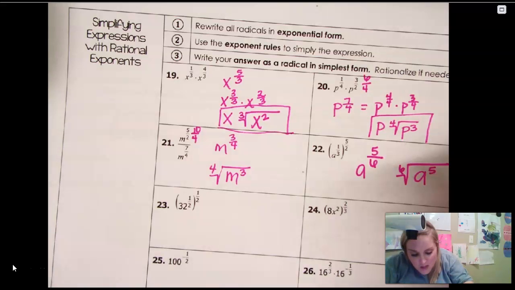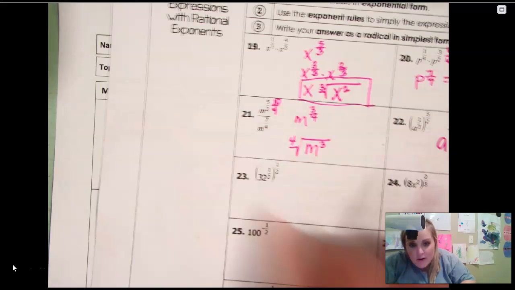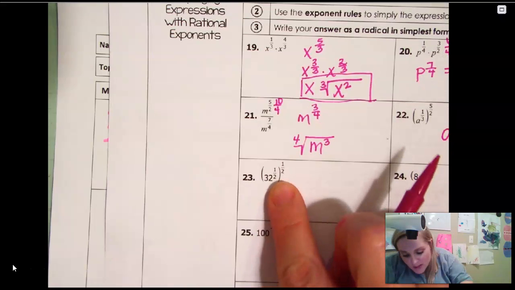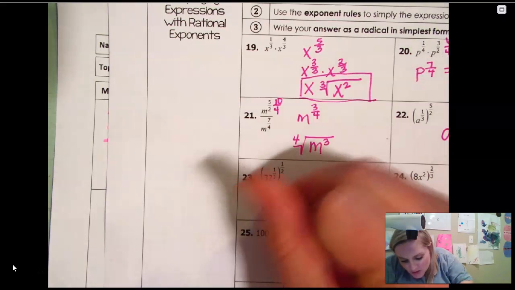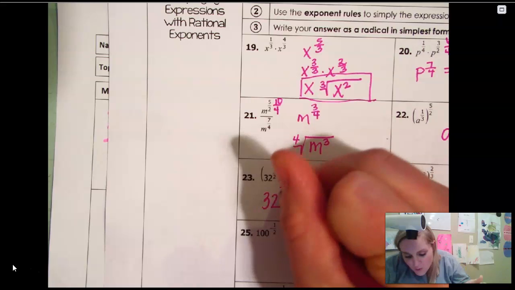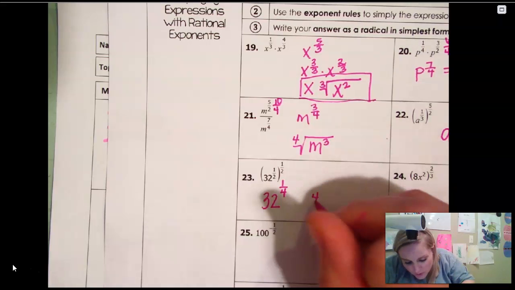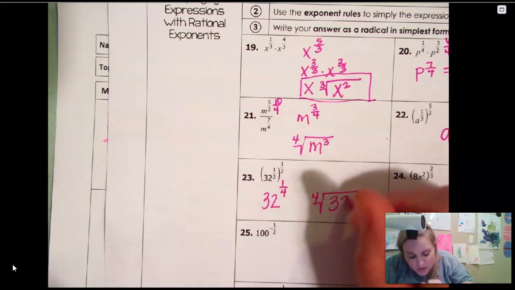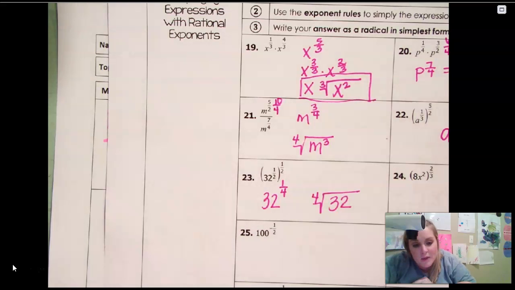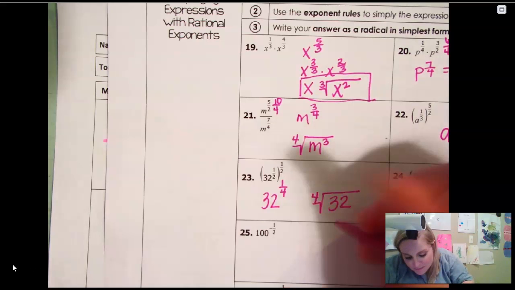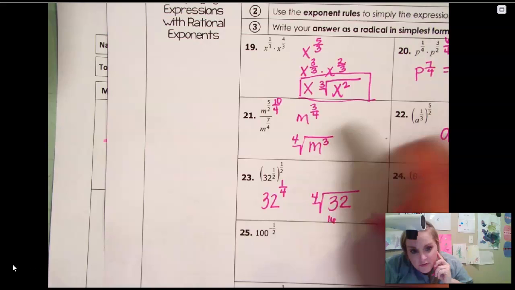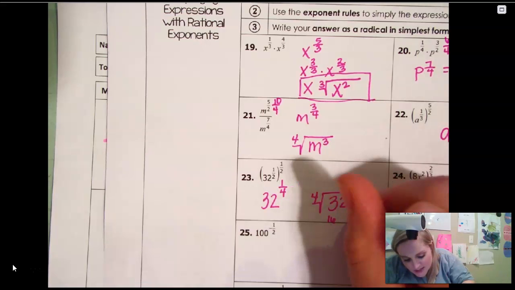Okay? Over here, when you raise a power to a power, you multiply. So that's going to be 32 to the 1/4, the 4th root of 32. And then we need to simplify that. There is a perfect 4th root within 32, that's 16. 16 times 2.